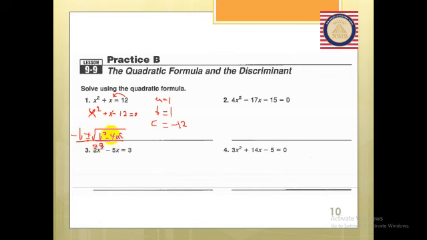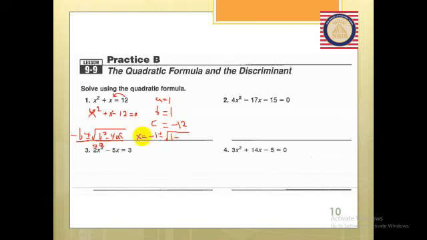Then I'm going to substitute here. Negative b, which is negative 1, plus or minus. Of course, it's x equals. Plus or minus square root of b power 2, it's 1 power 2, which is 1.